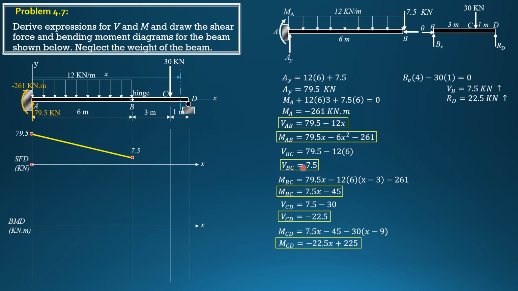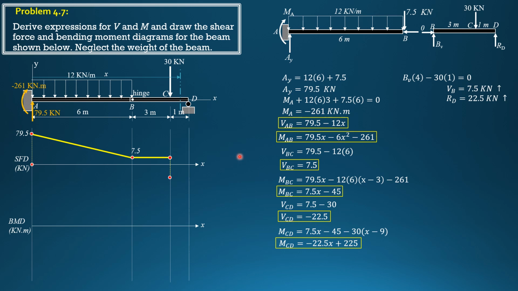Then for BC, when x is 6, it is still 7.5. When x is 9, just to the left, it is also 7.5. So it means it is just a constant or horizontal line. Then for CD, when x is 9, it is negative 22.5.